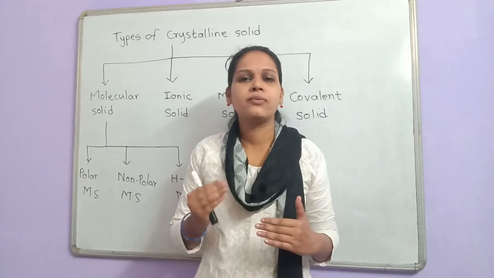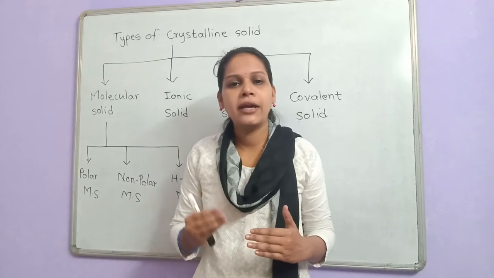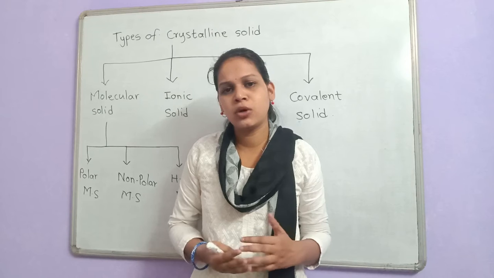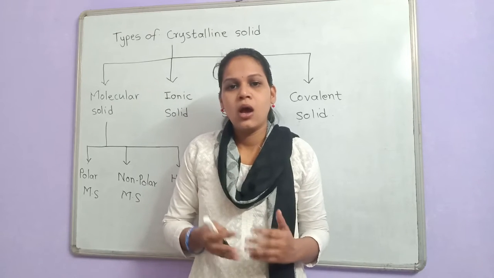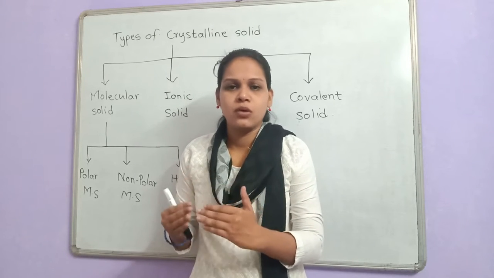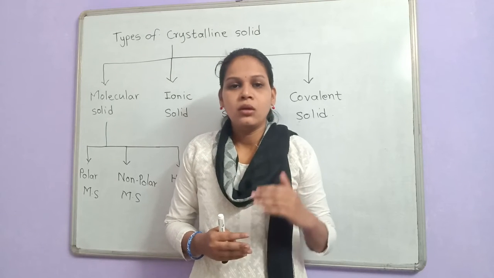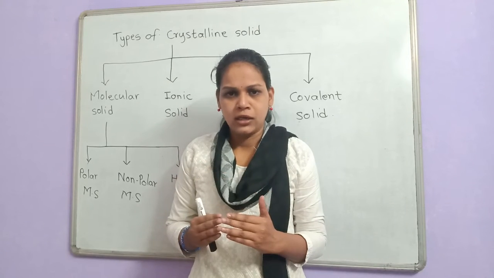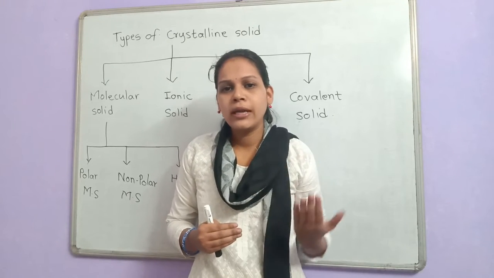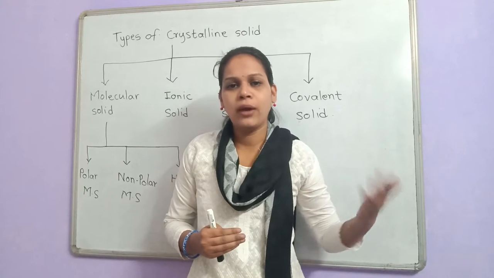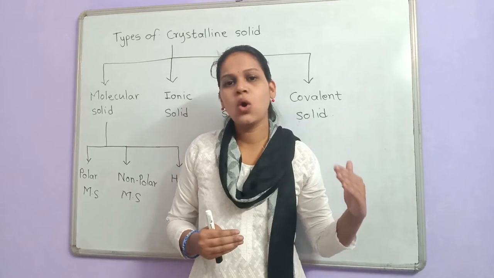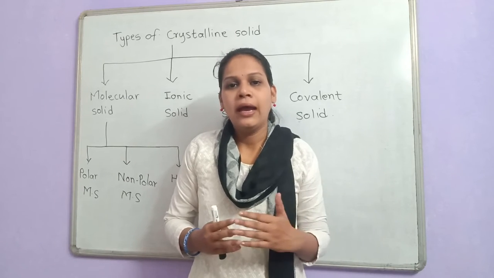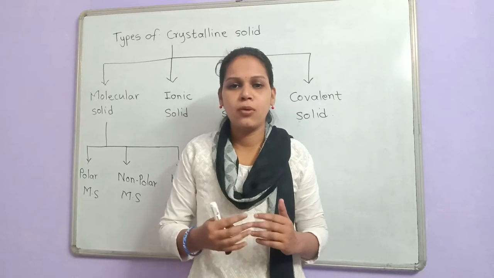Now, the third type of molecular solid is hydrogen bonded molecular solid. What is meant by hydrogen bonding? Consider the example of water molecules. When a hydrogen atom is bonded to highly electronegative atoms like fluorine, oxygen, nitrogen, etc., it forms an additional bond.